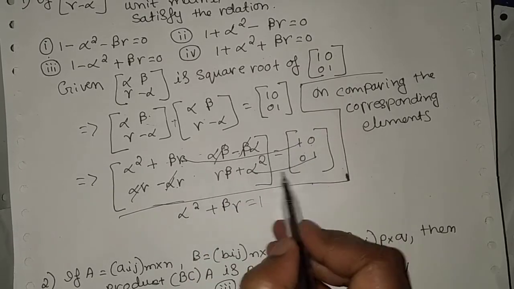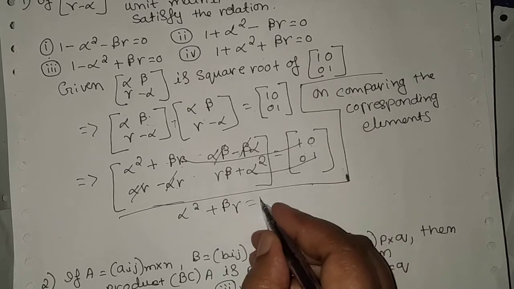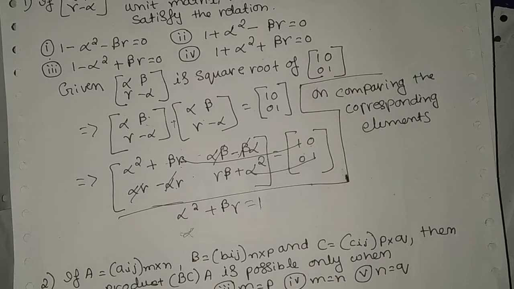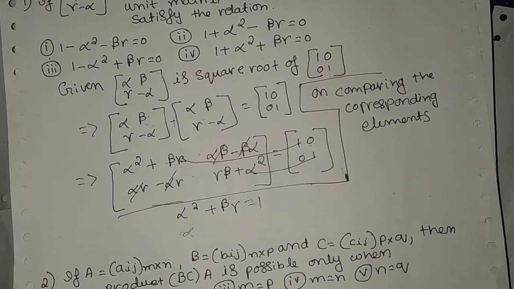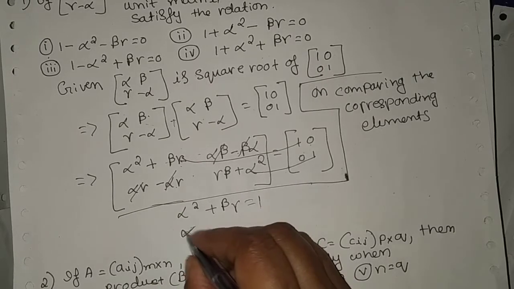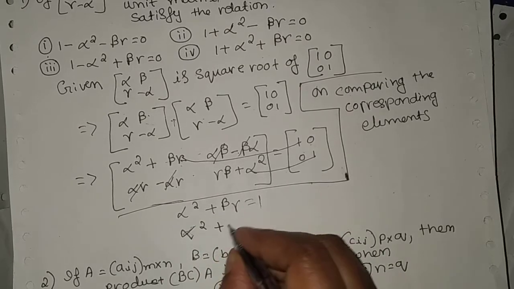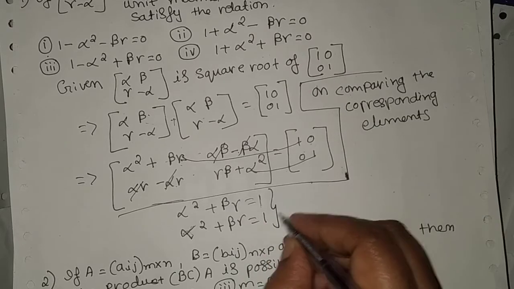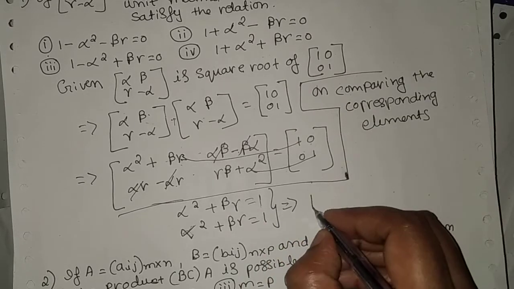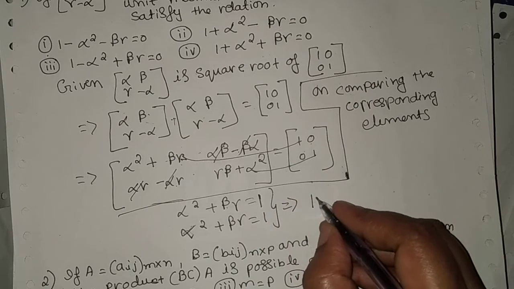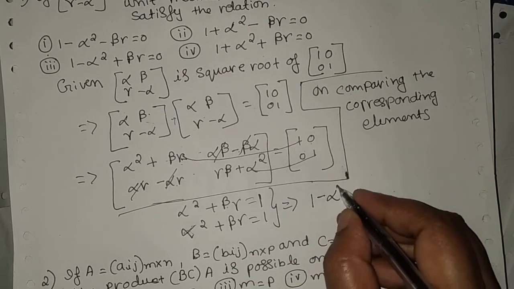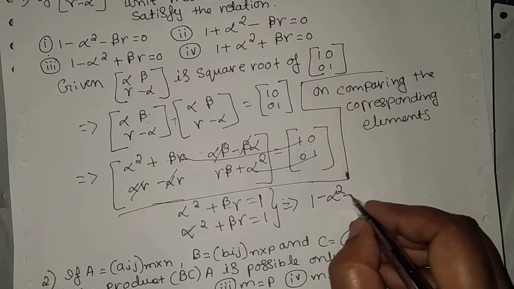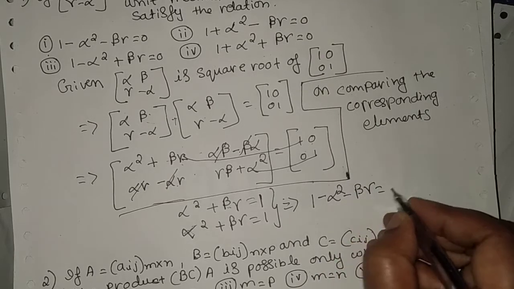This one also is 1 and this one is also the same, so we get the same thing twice: alpha square plus beta gamma is equal to 1. Bring 1 to the other side, then 1 minus alpha square minus beta gamma is equal to 0.